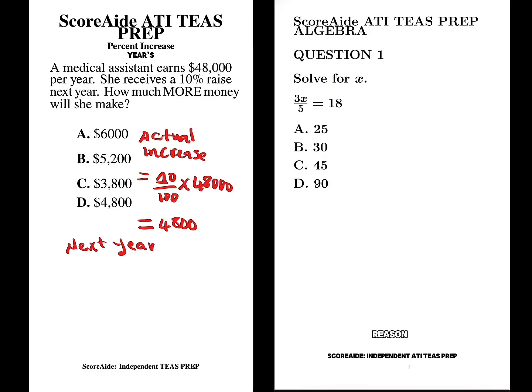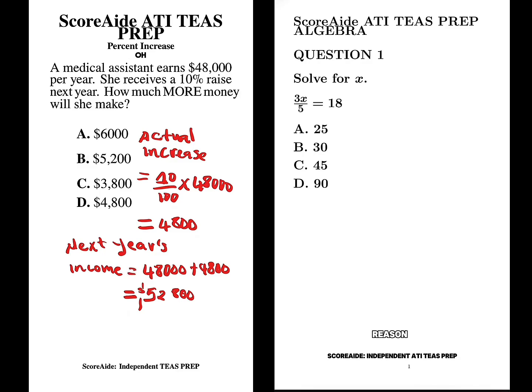Next year's income is gonna be 48,000 plus 4,800, so this is gonna be $52,800, right?